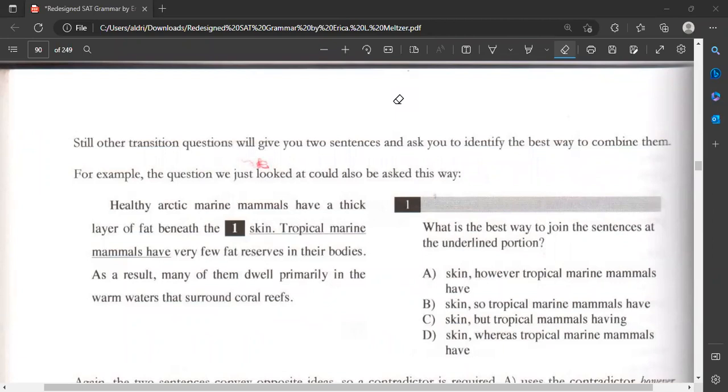All right, let's look at this. But it could be D also. Yeah, it could be a D also.